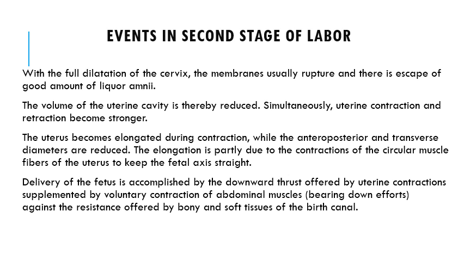This elongation is partly due to contractions of the circular fibers of the uterus so as to keep the fetal axis straight. Delivery of the fetus is accomplished by the downward thrust offered by uterine contractions, supplemented by voluntary contraction of the abdominal muscles, also known as the bearing down efforts, against the resistance offered by the bony and soft tissues of the birth canal.